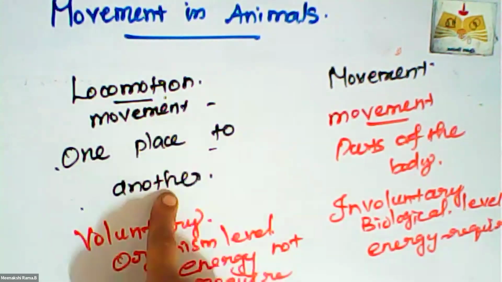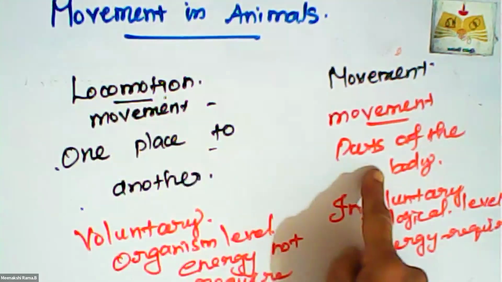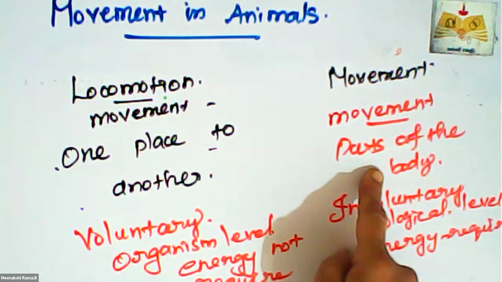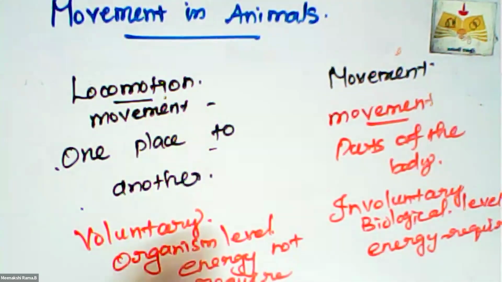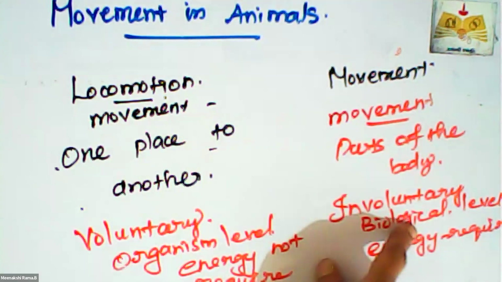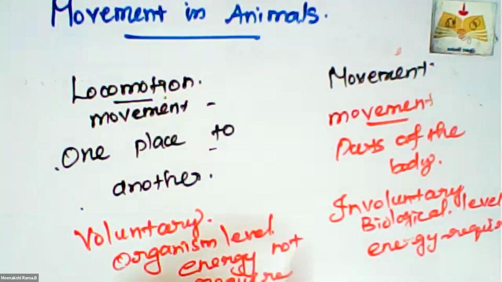Movement from one place to another is called locomotion, and movement of parts of the body itself is called movement. Locomotion is a voluntary action, movement is an involuntary action. Locomotion takes place at the organism level, but movement takes place at the biological level only.